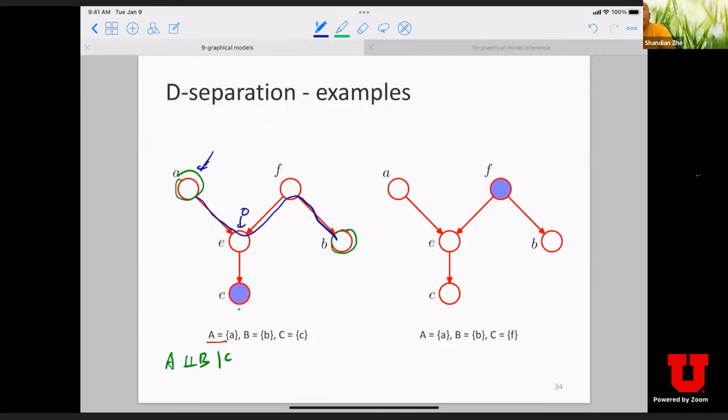But here it is shaded. What does it mean? It means that this ball can pass through E, right? And then we move to F, right?